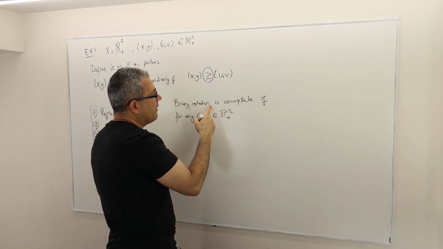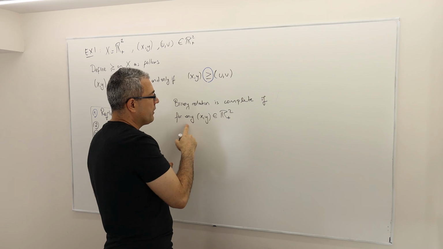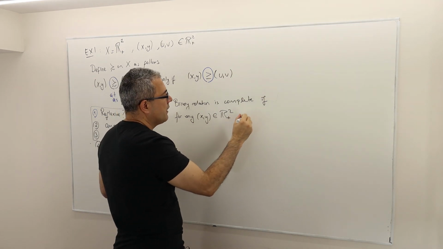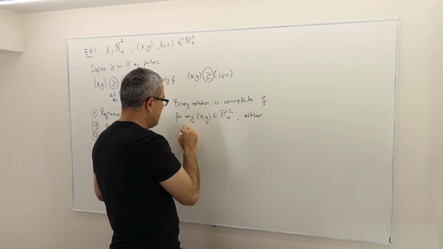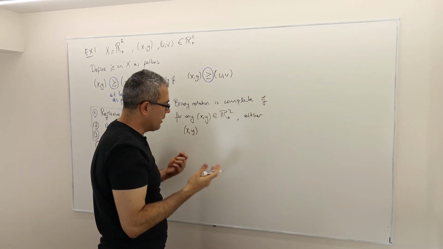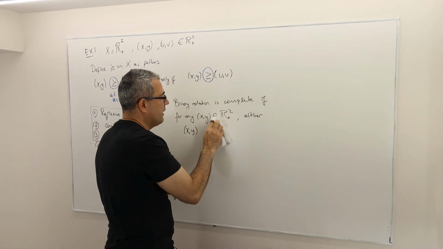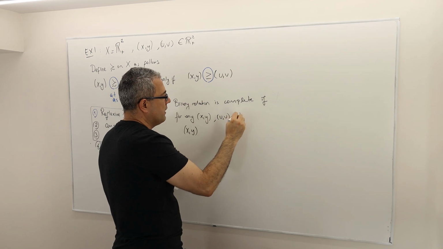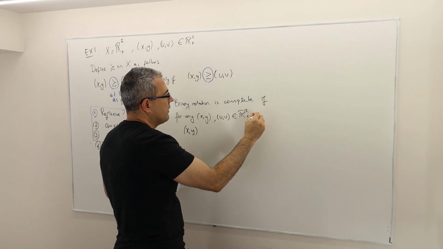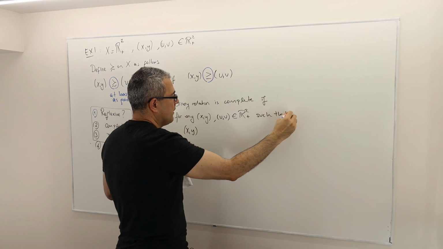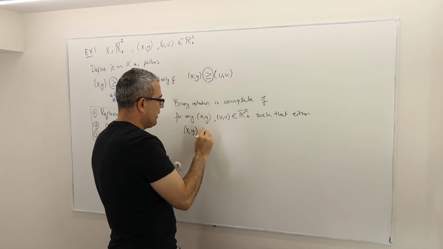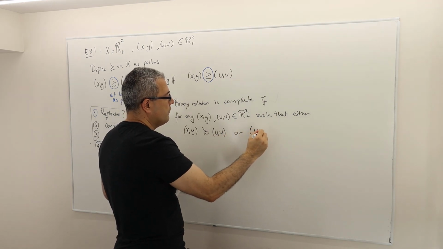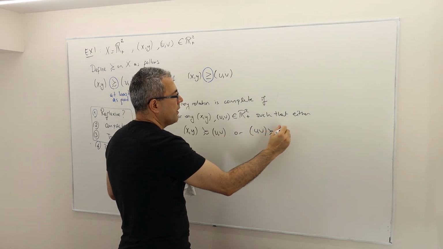Fine. A binary relation is complete if for any two vectors in my set of alternatives, for any xy and uv in R plus square, either xy is at least as good as uv or uv is at least as good as xy.